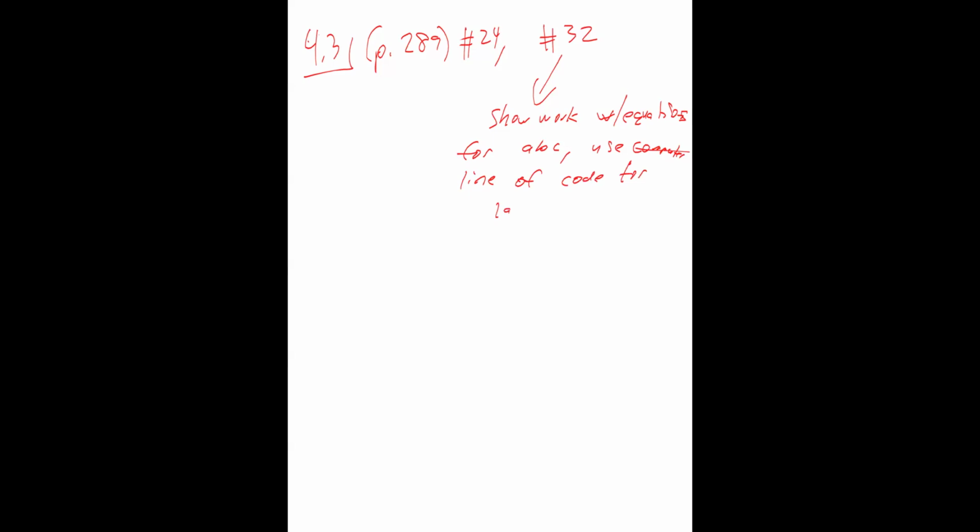Let's work on that line of computer code a little bit. So show your work with the equations for A, B, C and then use the line of code for the last three, because they're really big numbers. Like you're supposed to find the GCD of like 1,050 and 540 and things like that.